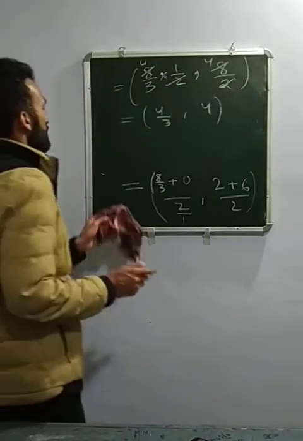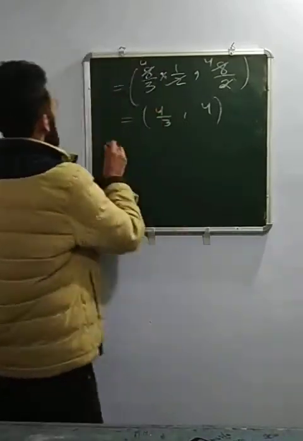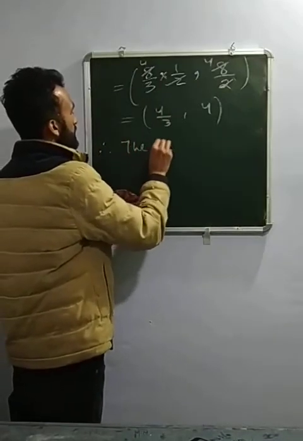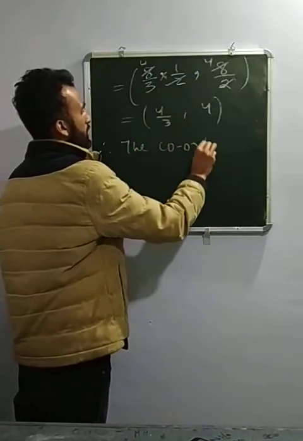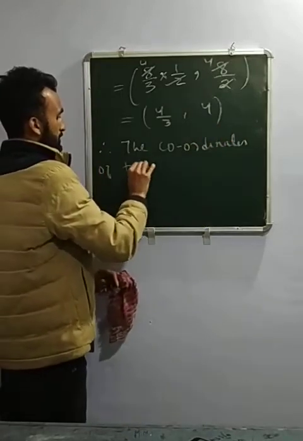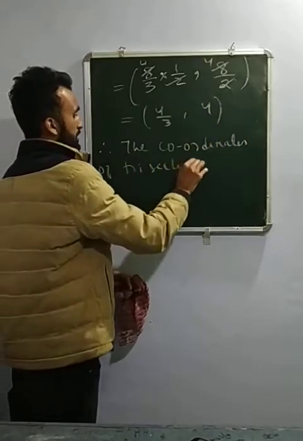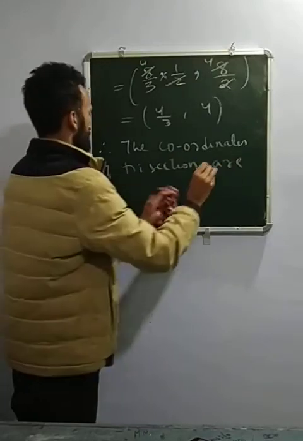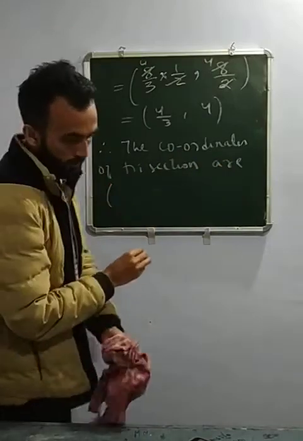Yes? So therefore the coordinates of trisection are, number 1, first part, what did we get?